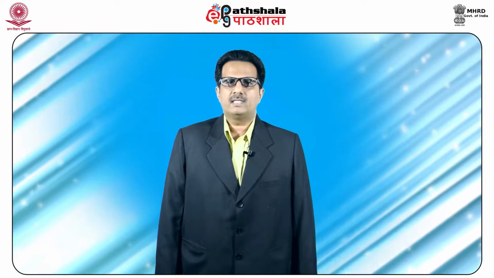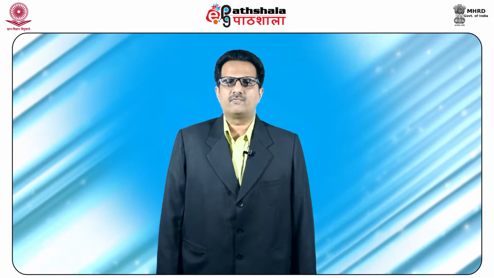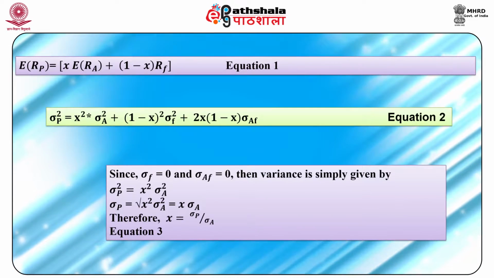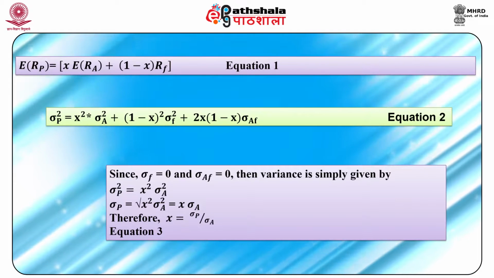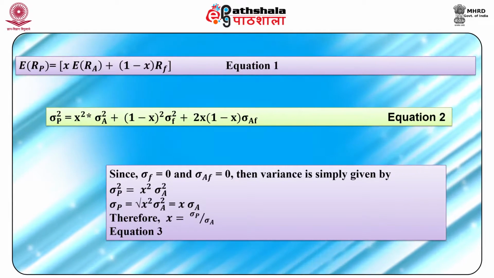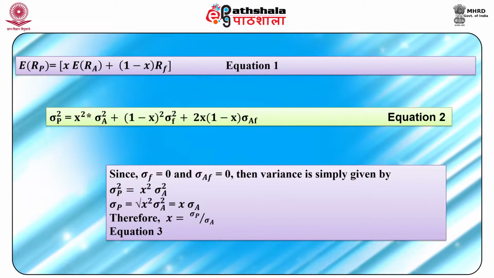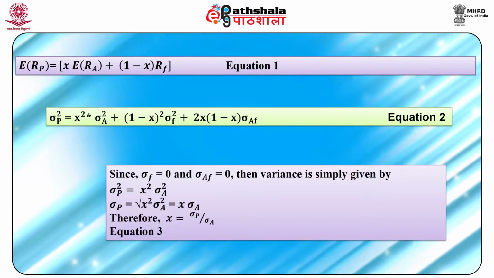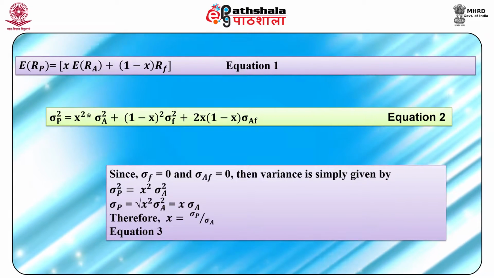Now, the expected return and the variance of the new portfolio can be explained through an equation. E(R_P) will be equal to X times E(R_A) plus (1 minus X) times R_F.